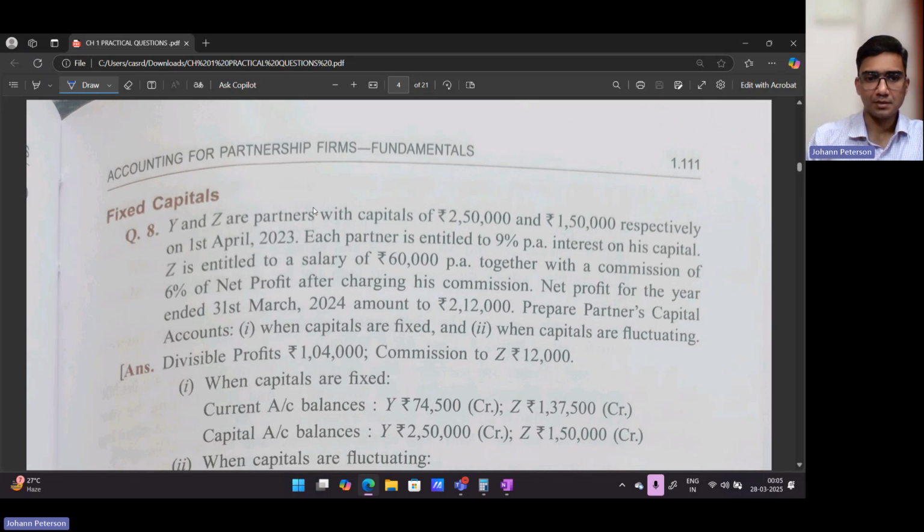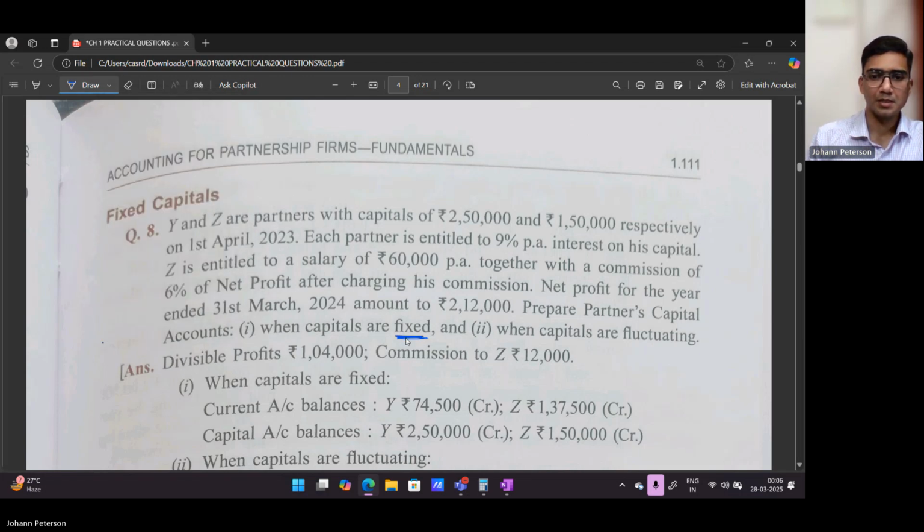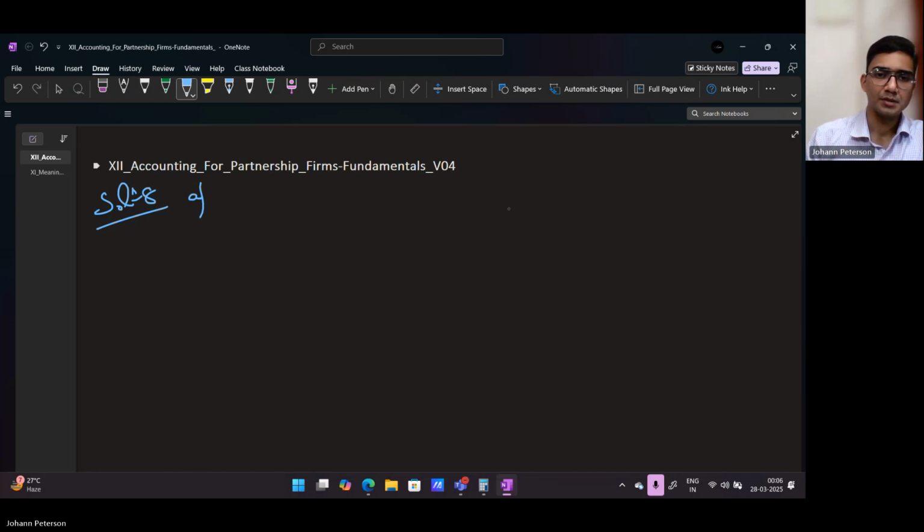So when the partner's capitals are fixed, first it is asking us to prepare it when it is fixed. All right, so let's prepare according to the first type. So the first way, we prepare it by preparing a partner's capital account.